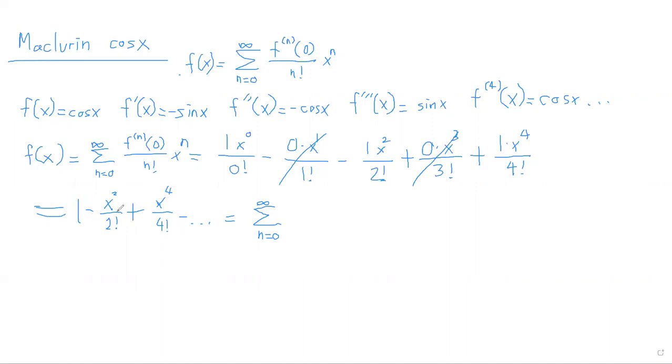Here we can put all the values into the series, so there's no remainder. So here it's x to the 2n times -1 to the n over 2n factorial.